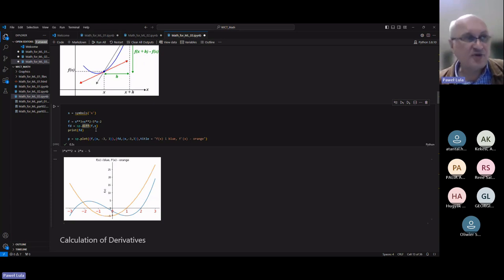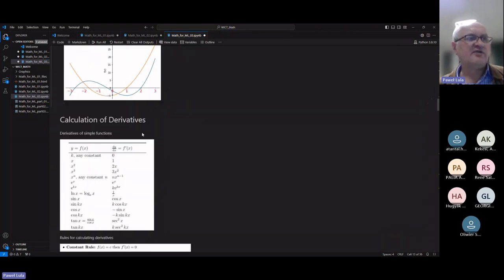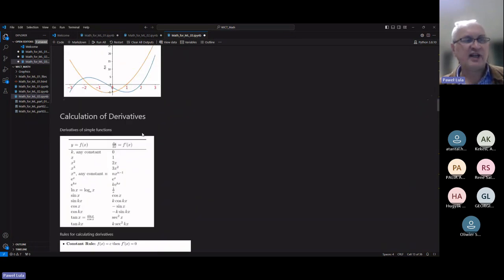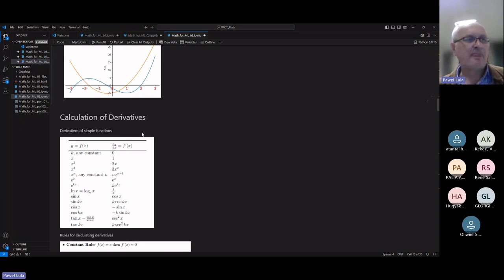I'm sure that it is not the best product for symbolic calculation of derivatives, but for many applications it is very good, and also for teaching it is very good, and it is enough. This package SymPy or other packages in Python is free, so we can, without any problems, use it for calculating derivatives.